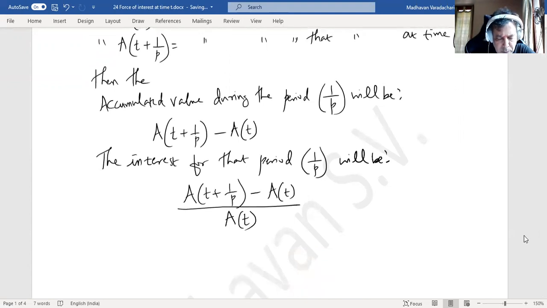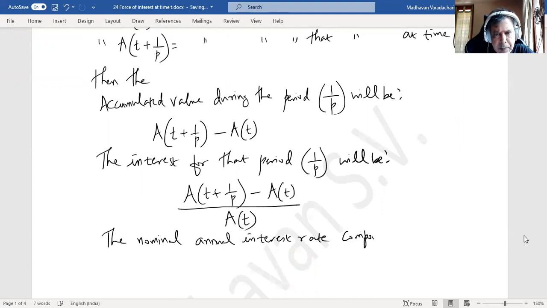Now, the nominal annual interest rate compounded p times, either I can write like this or I can write i(p), where p is the number of conversions.